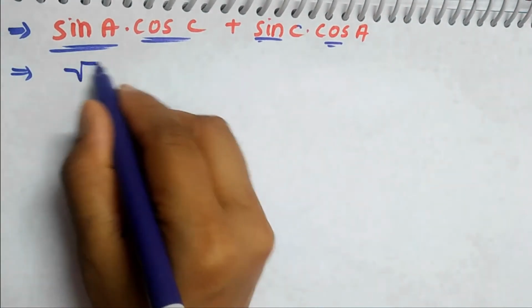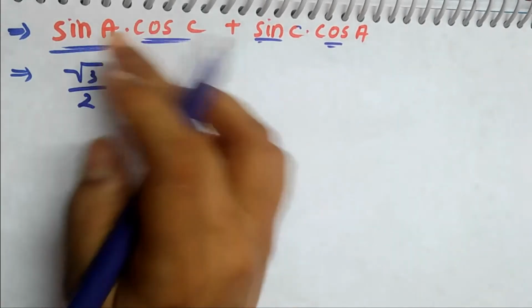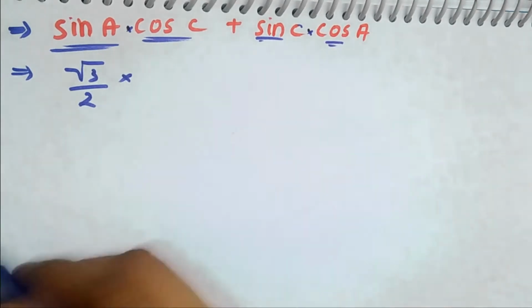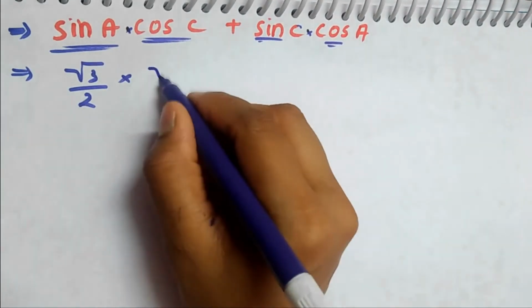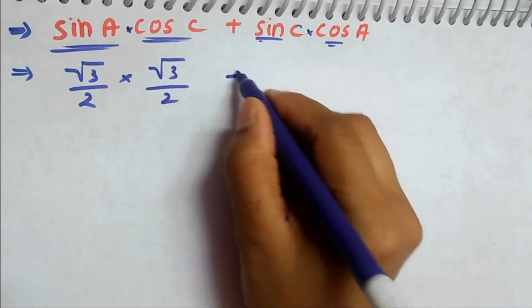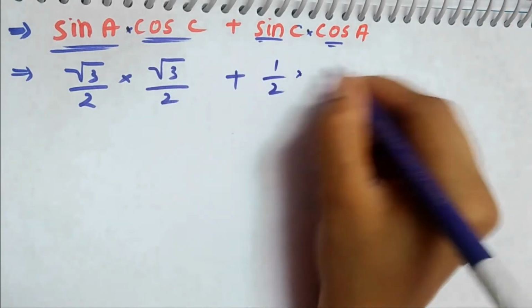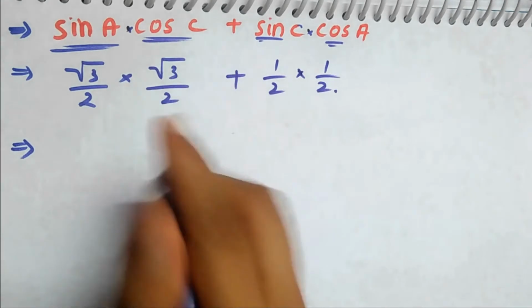It is √3/2, multiplied by cos C, since sin A cos C means a product. What is cos C? It is √3/2, plus sin C, which is 1/2, times cos A, which is 1/2.